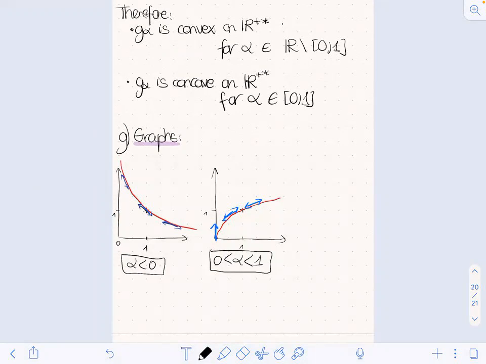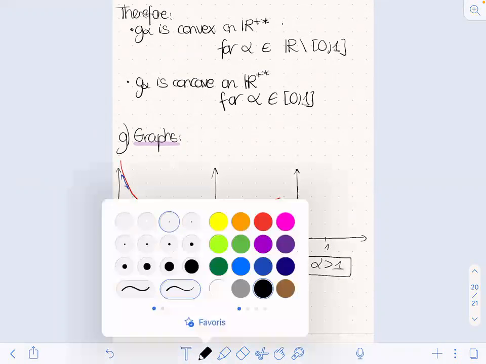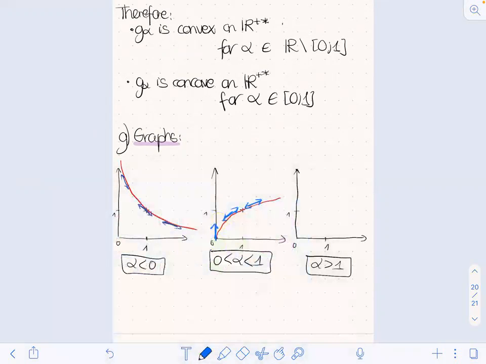And the final setting is where alpha is greater than 1. So again, I can place 1, 0, and 1. Alpha greater than 1. So we know that the function is increasing from 0 to plus infinity here as well, but we also know that it's differentiable at 0 with a derivative that's equal to 0. So the tangent is basically a horizontal tangent at 0.